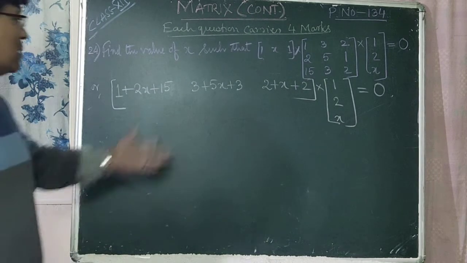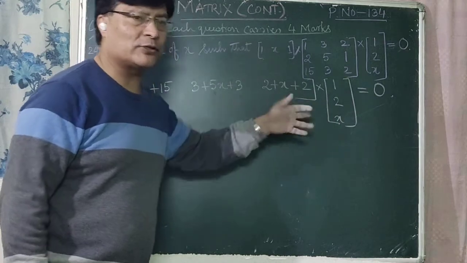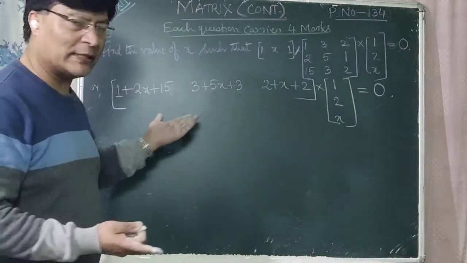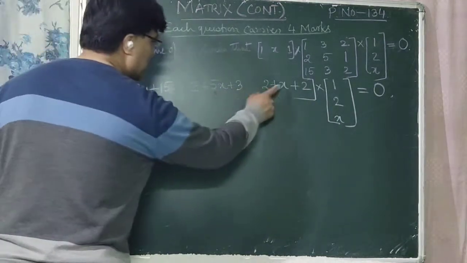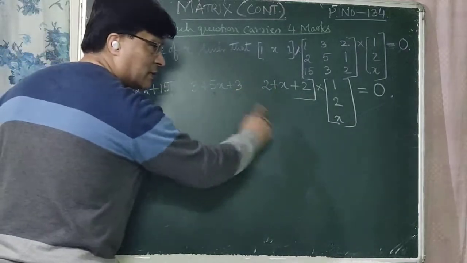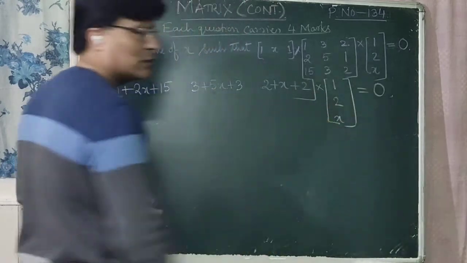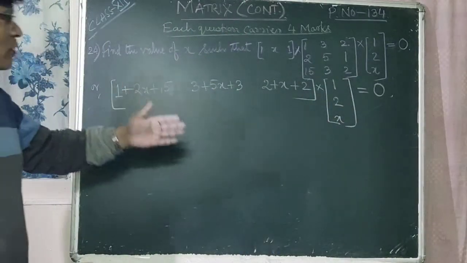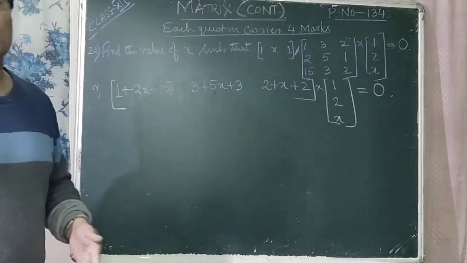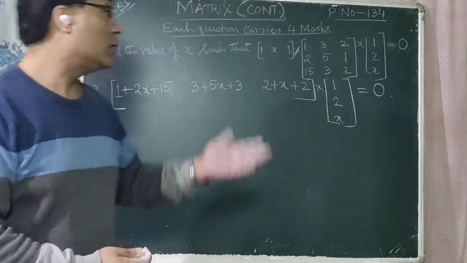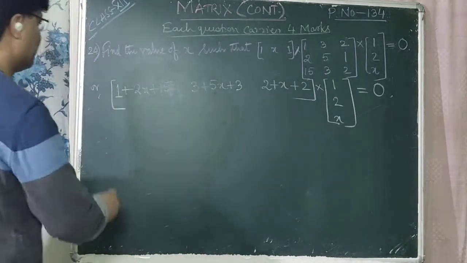Now again, these are the two matrices to be multiplied. Can you multiply them? For the first matrix, how many columns are there? 3 columns. For the second matrix, how many rows are there? 3 rows. That means they are equal. Number of columns of the first matrix is equal to number of rows of the second matrix, so you can multiply them again.